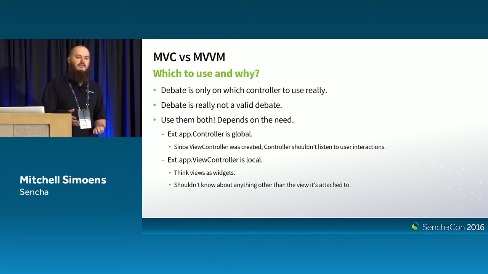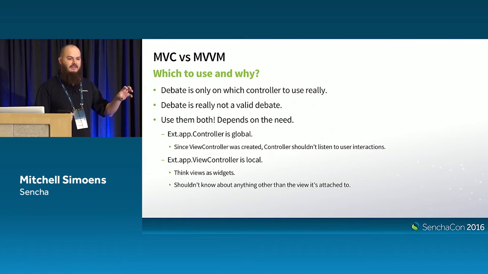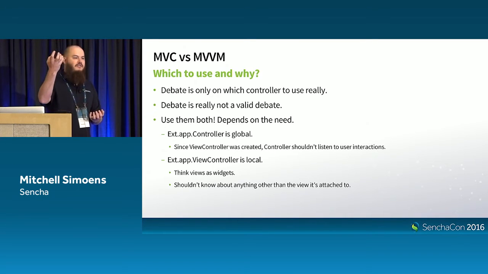I'll give you an example. In the new Fiddle, I have the view controller that reacts to different user interactions. If you click on the run button, it takes care of that. It listens to that. And if you hit, I think it's Command Enter, it also runs it. So there's two different entry points to this. So what I do is I elevate that run to a global action.